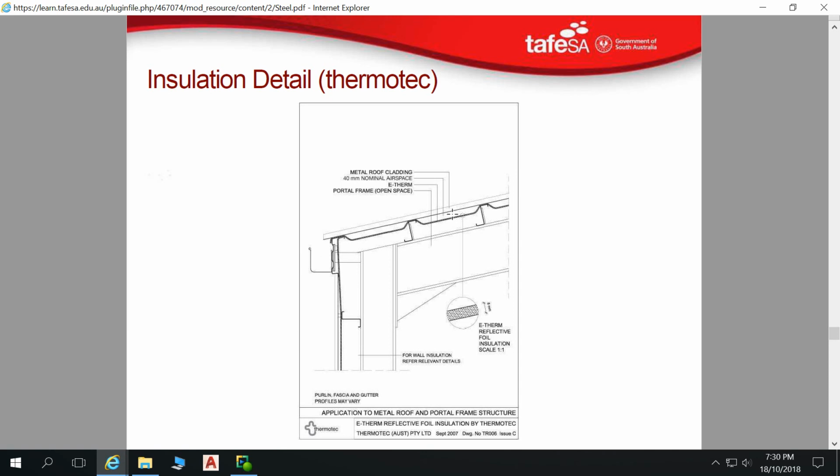This does a couple of things. Yes, it stops a lot of that radiant heat. As our roof sheets get hot and radiate heat, it's reflective, so it reflects that heat back up. Some of this reflective foil insulation has air cells in it as well, and that provides some R value to that insulation to resist the transfer of heat.